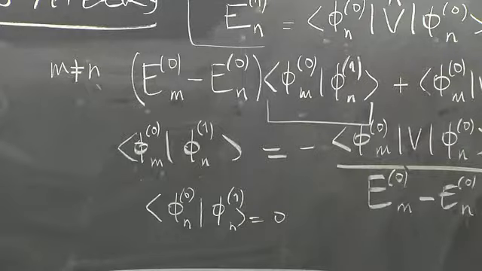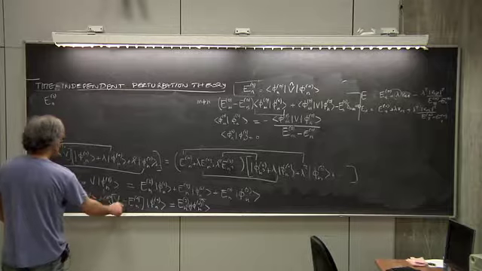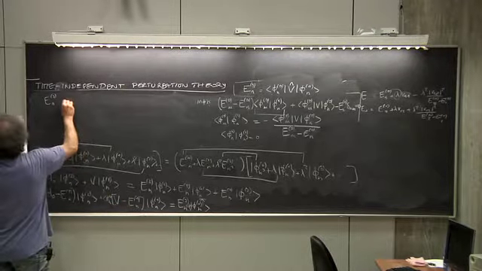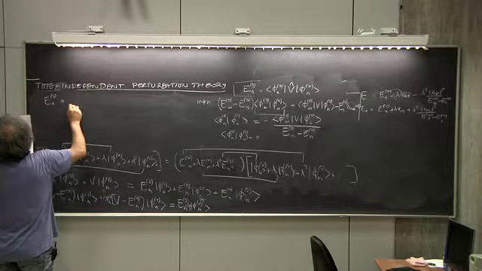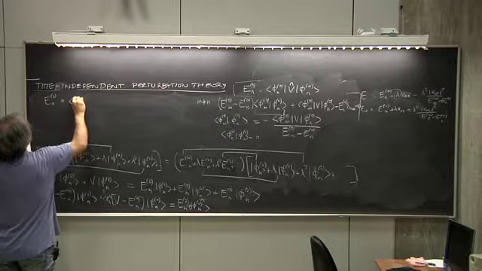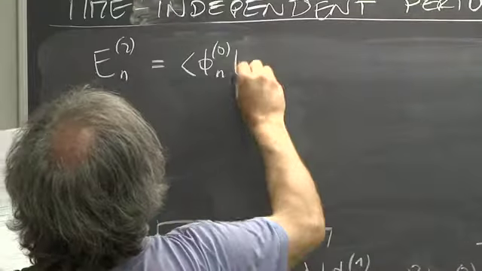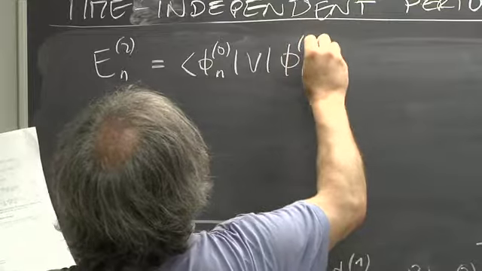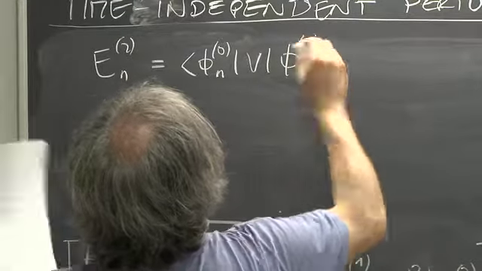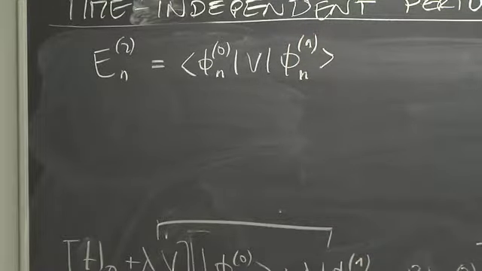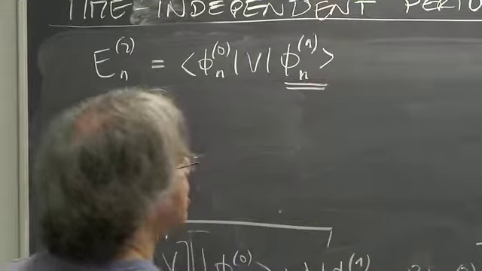Okay? You can always do that. So you see that this term gives no contribution, while this gives me the following result: phi 0n V phi 1n. Okay? Very, very simple.